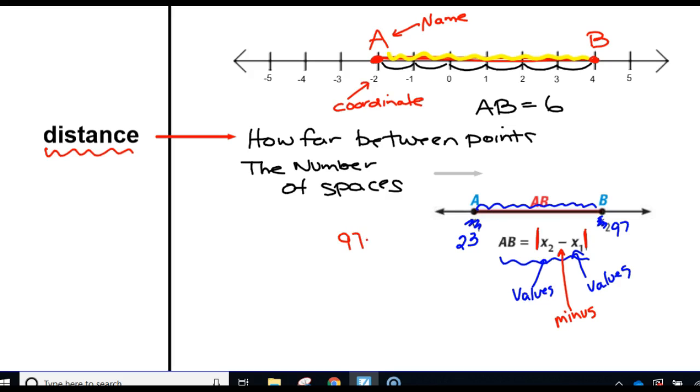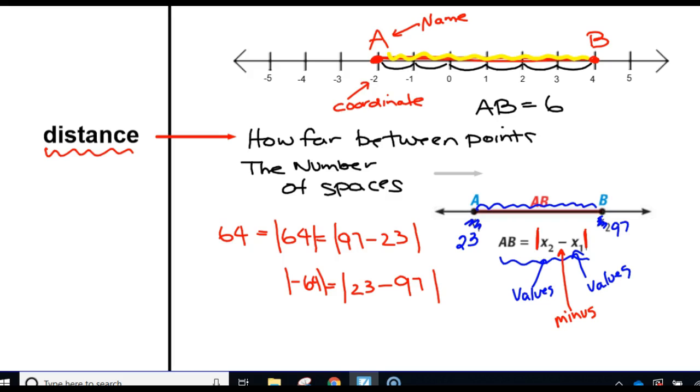I can take the big one minus the small one and absolute value it, or I can take the small one minus the big one and absolute value it. In either case, I get the absolute value of 64, which is 64, or the absolute value of negative 64, which is still 64. That's how you calculate distance. You can count the spaces, or you can subtract the numbers and take the absolute value.